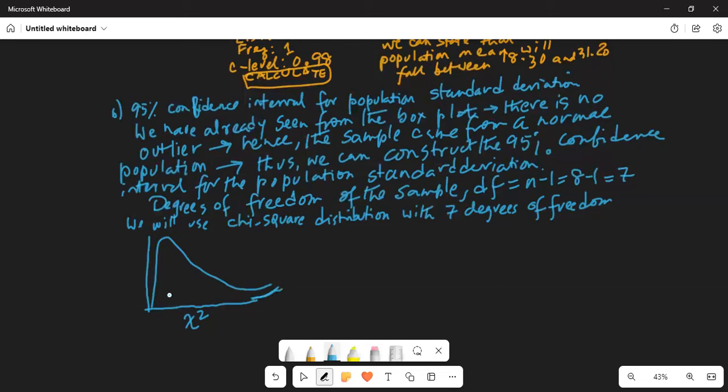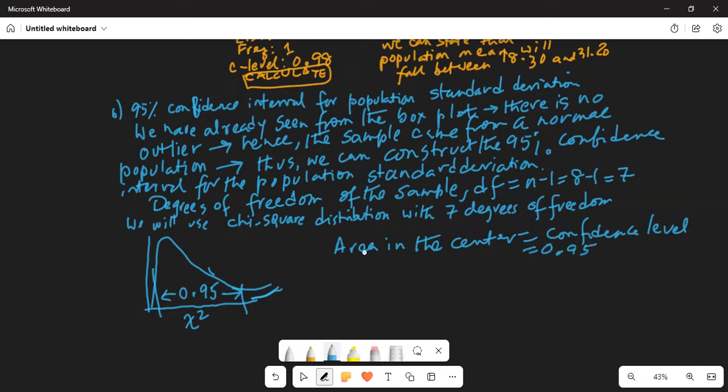The area in the center, much like the confidence interval for the mean, is 0.95. So area in the center is equal to confidence level, which is 0.95.